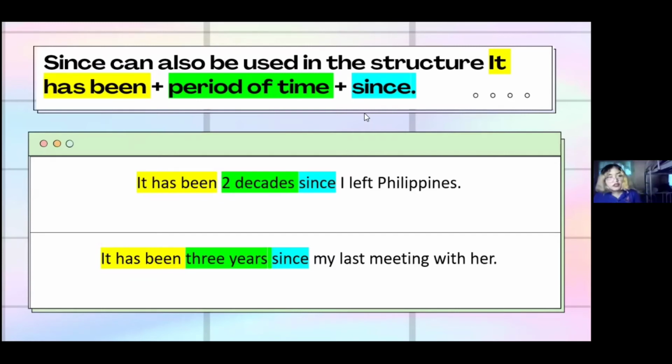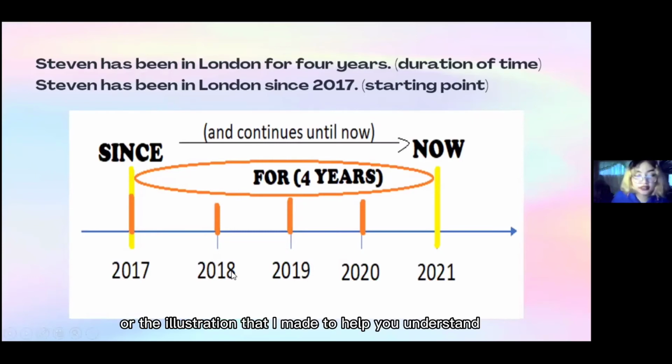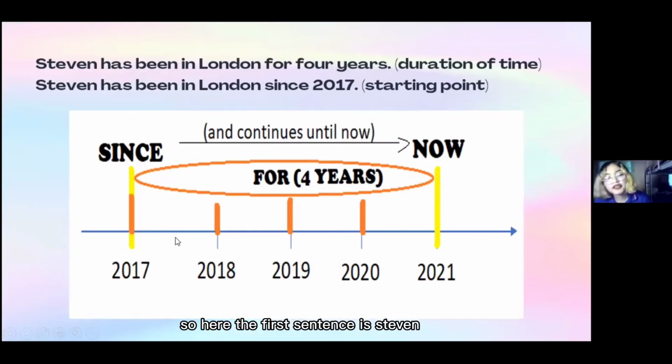Now I'm going to show you. Are you a little bit confused about the use of since and for? Here is the graph, the illustration that I made to help you understand. The first sentence is: Stephen has been in London for 4 years. Duration of time. How long has Stephen been in London?